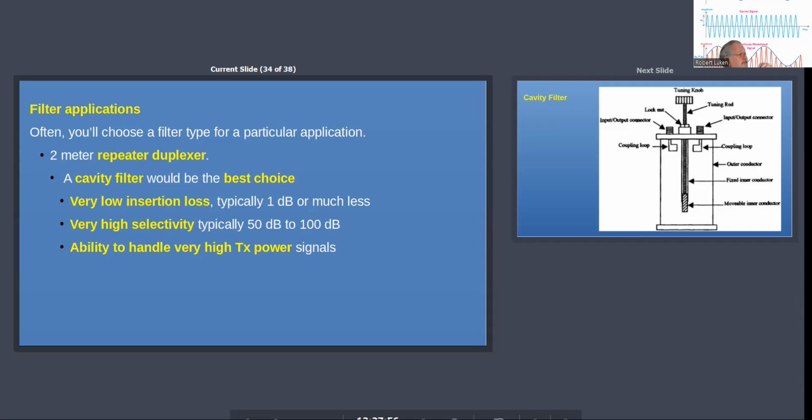Does everybody know what a duplexer is? How do we describe a duplexer? Simultaneous receive and transmit. It doesn't mix or combine two signals, but it allows directional input on one signal, sort of like a switch for different frequencies.